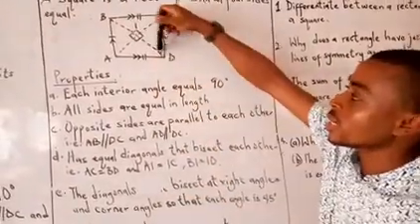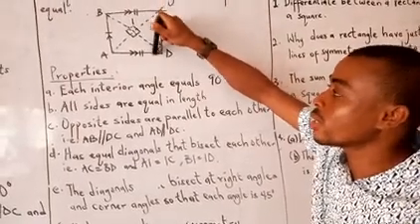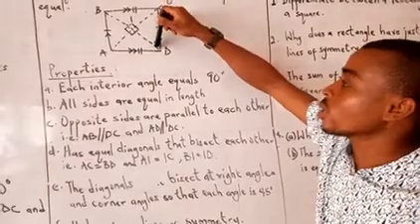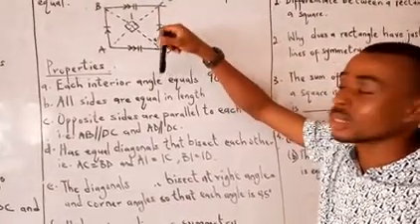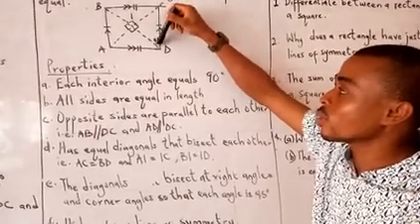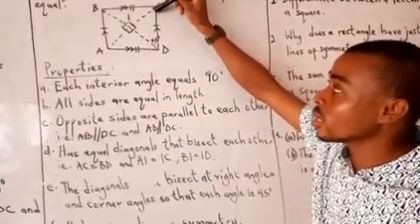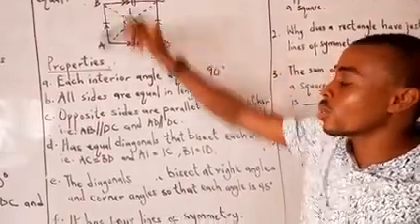Then at this vertex, here is supposed to be 90 degrees fully, but by reason of this diagonal cutting in between it, it makes a corner angle of 45 degrees. Are you getting that now? So each corner angle is 45, so we have 45 degrees here, another 45 degrees here, 45 degrees here, and another 45 degrees here. Same with these two angles remaining.